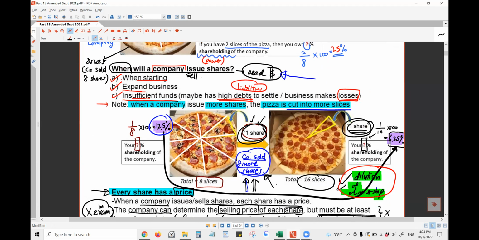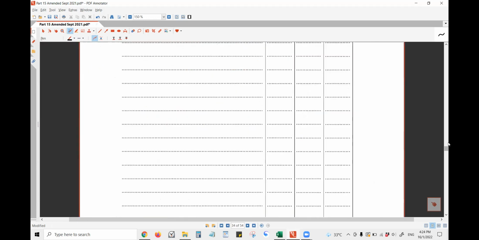You would have less power in the company. You have a lower ownership level in the company. So this is one of the effects. Let's write down the answer. 325, right?